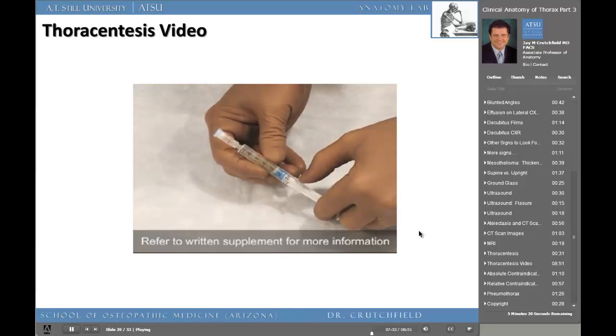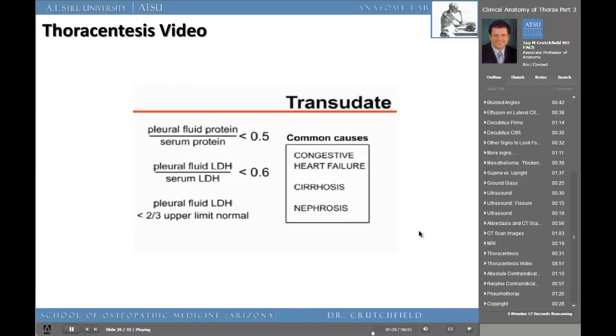Now that you've watched the video on thoracentesis, you know what we're talking about and why the anatomy is clinically relevant. There are some times, however, where we absolutely cannot do a thoracentesis.